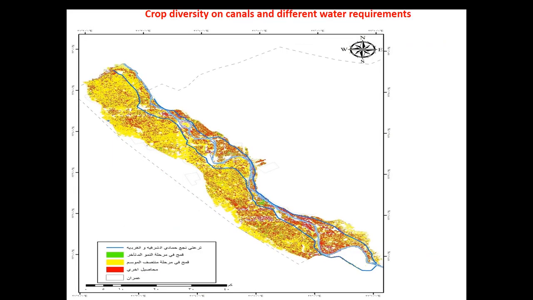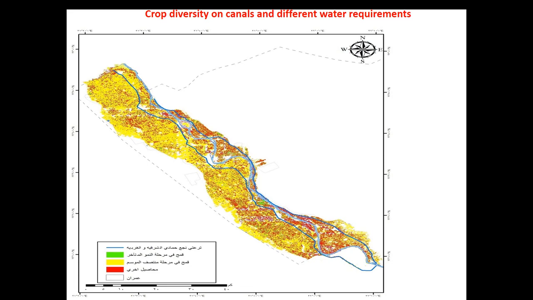Every channel has a water and crop quota, and farmers exceed it, causing problems in other areas. We can monitor that through satellite images and take samples from lands and compare them by applying NDVI.